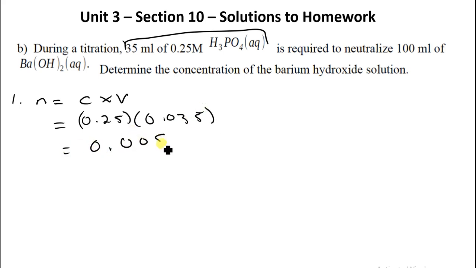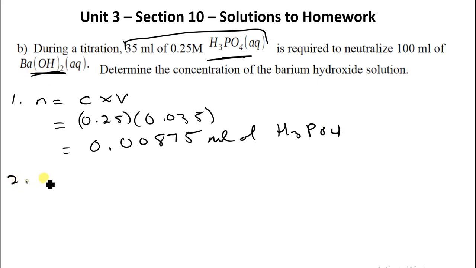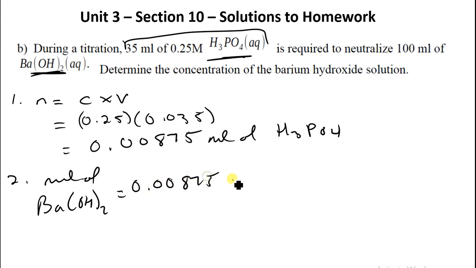Multiply those together, and I believe you find that number, and that would be moles of H3PO4. Great. Let's get the moles of the other substance, which is barium hydroxide. So moles of barium hydroxide equals 0.00875 moles of H3PO4, x and a line.